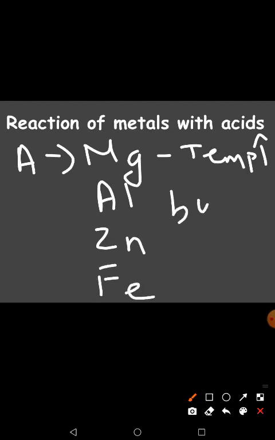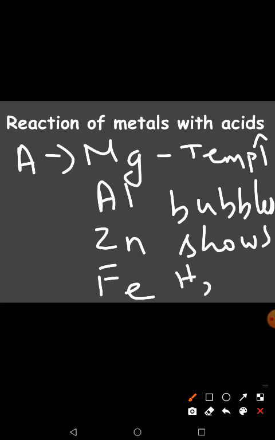The bubbles that are formed in these test tubes show the liberation of hydrogen gas, right? With copper, you will not find any reaction taking place.